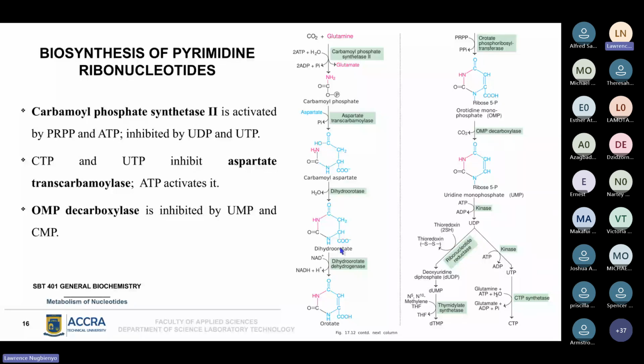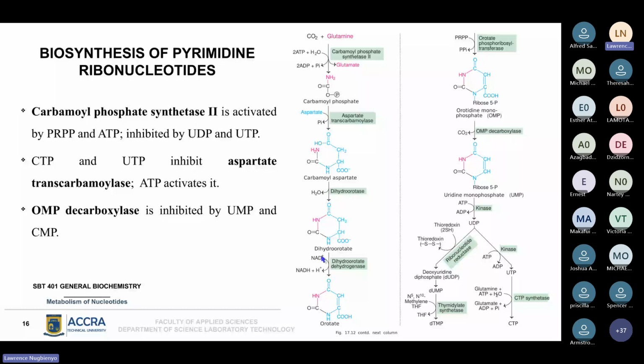And you have from that carbamoyl aspartate dehydration process, under the activity of dihydroorotase, the closure of that ring. And then we have further processes of oxidation, which produces orotate or orotic acid in that process.